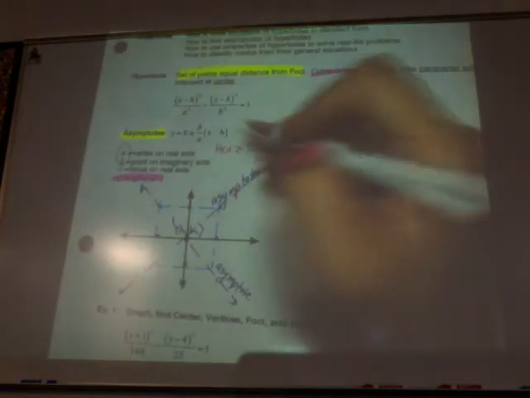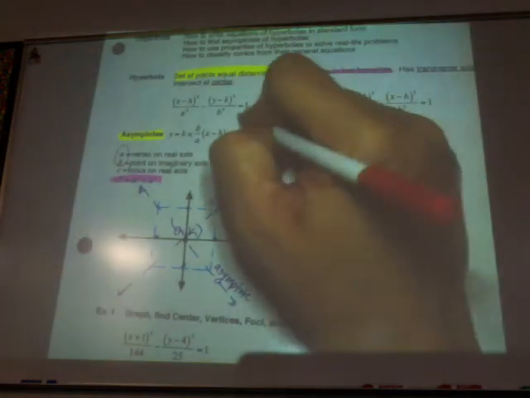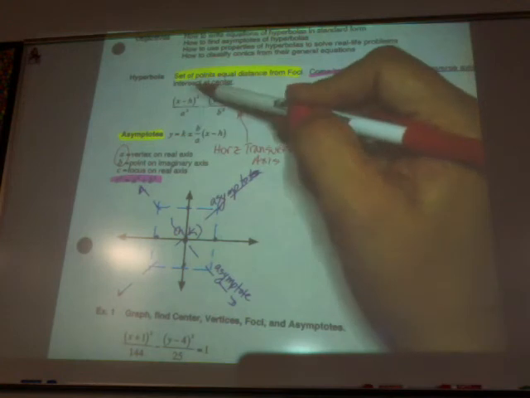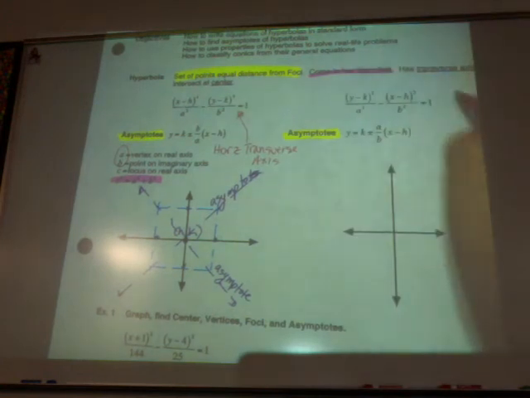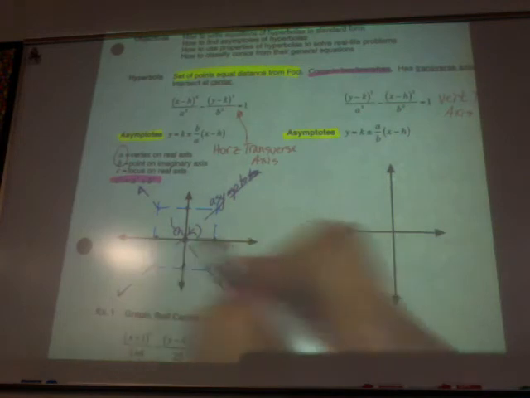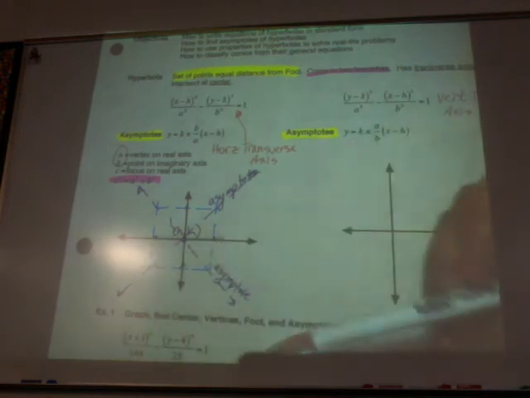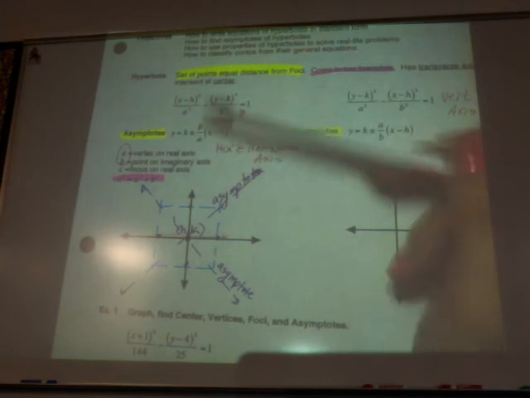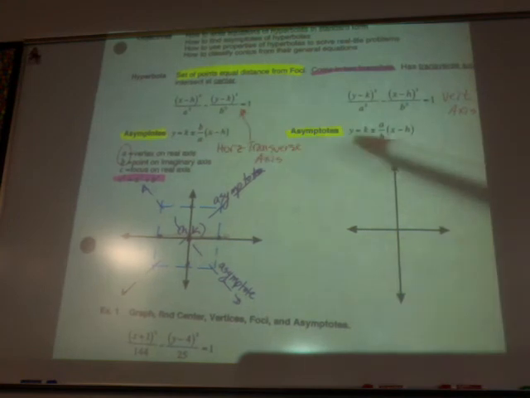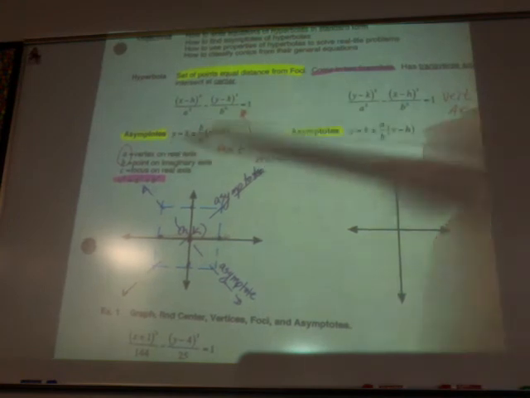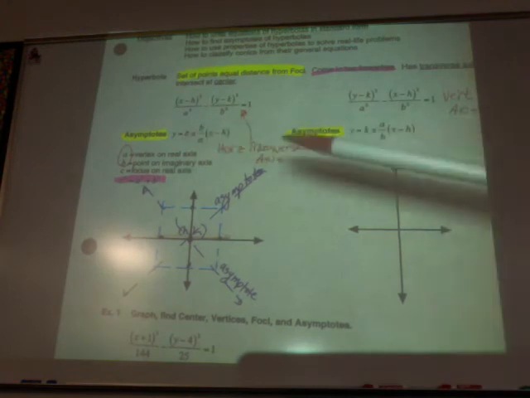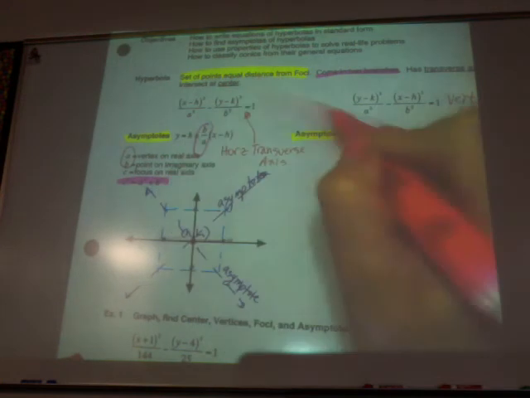So if your horizontal transverse axis would be for an equation like this one here where a squared is under the x squared, then this one would be a vertical transverse axis, right? And this right here is your transverse axis going in this direction on this one. So for your asymptotes, what's the difference between these equations? Any difference at all amongst them? The A and the B. So this is your change in difference.